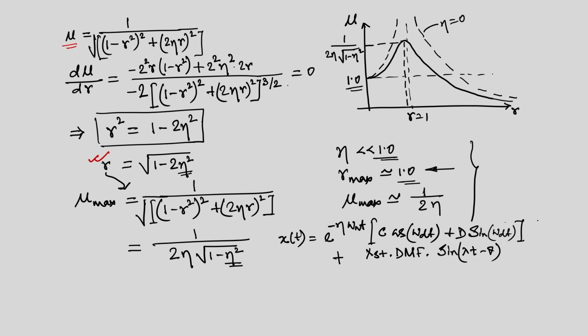So, that is the total response. Now, again I repeat, you have to consider the complete response, and once you get the complete response, you apply initial conditions and then find out these two constants C and D. A common mistake is to use the previous expression from free vibration, that is wrong. So, you have to consider the complete expression and find it out.